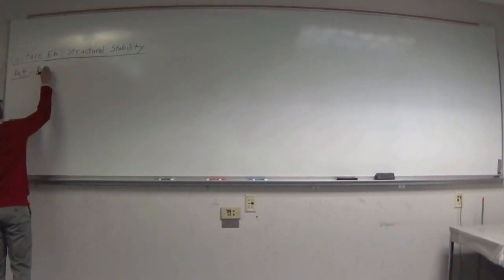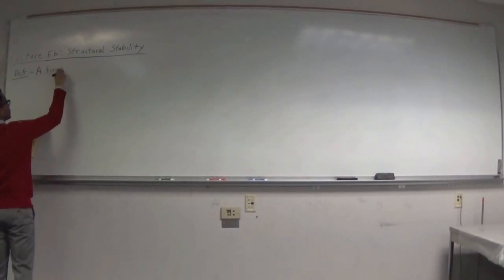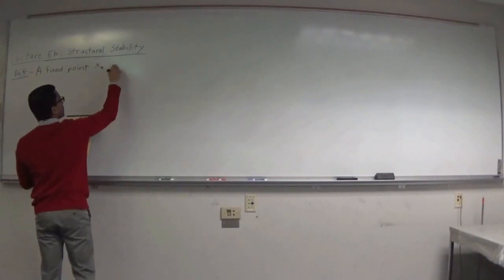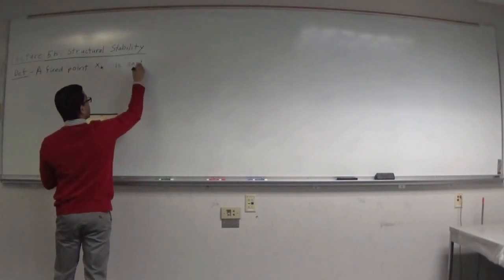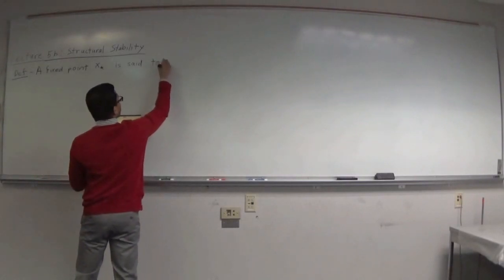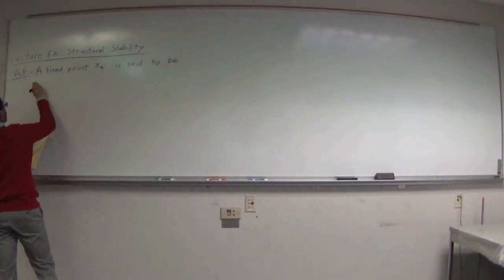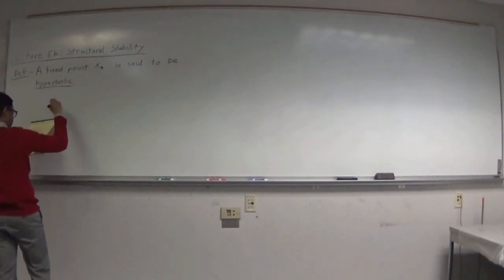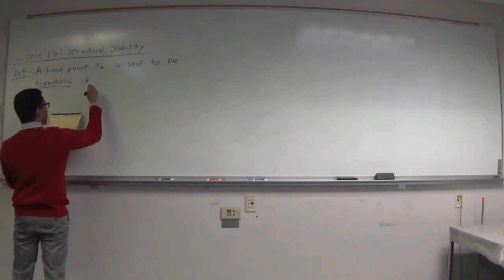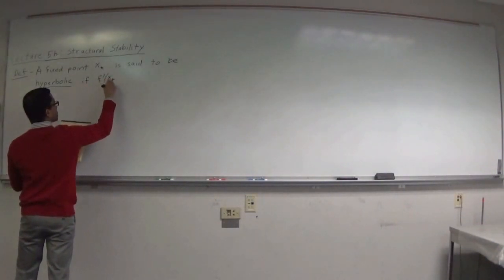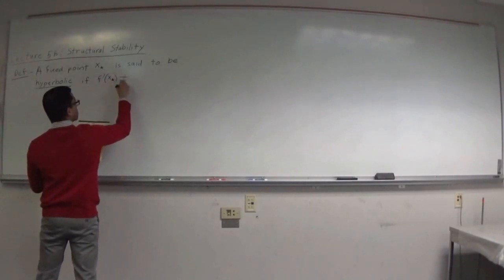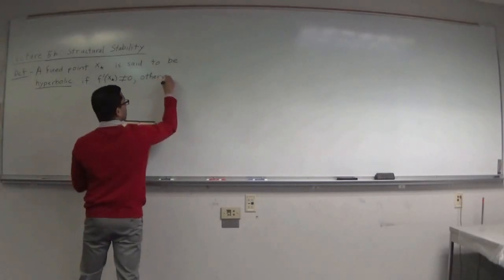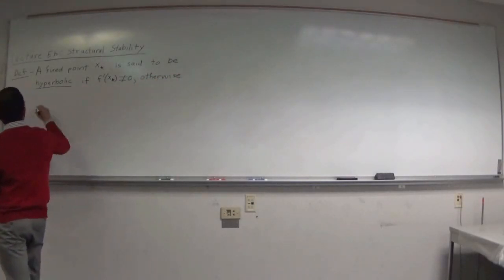So a fixed point x star is said to be hyperbolic if f prime of x star does not equal 0. Otherwise, it is said to be non-hyperbolic.